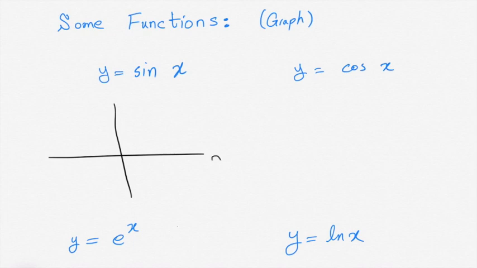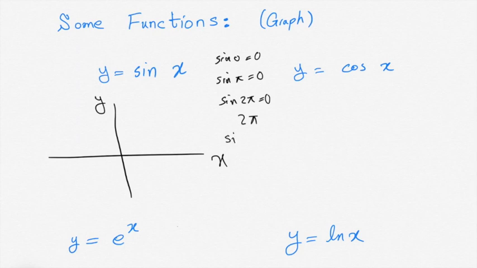So we want to draw something like sine of x, and for this we know that sine of 0 is equal to 0. Sine of π is also equal to 0. Sine of 2π is also equal to 0, and the period of it is equal to 2π.